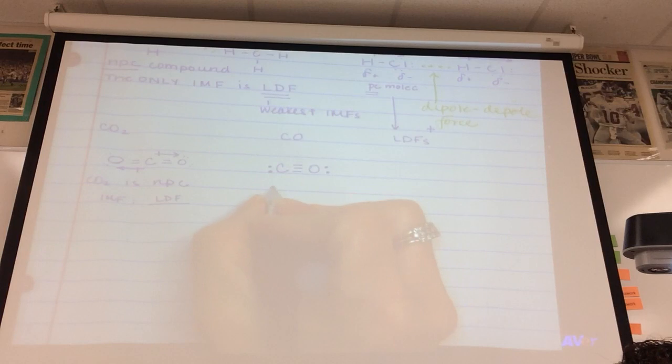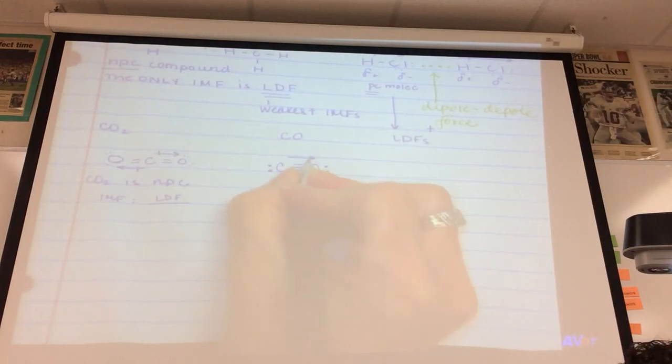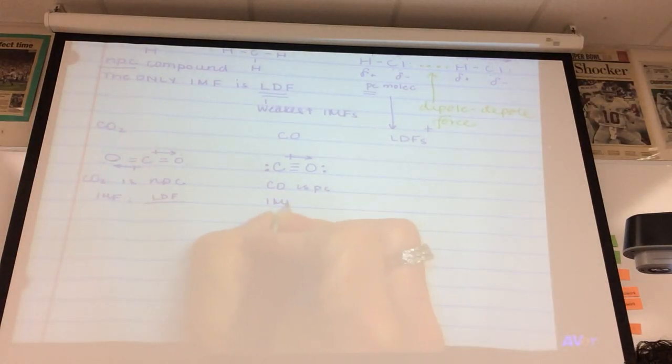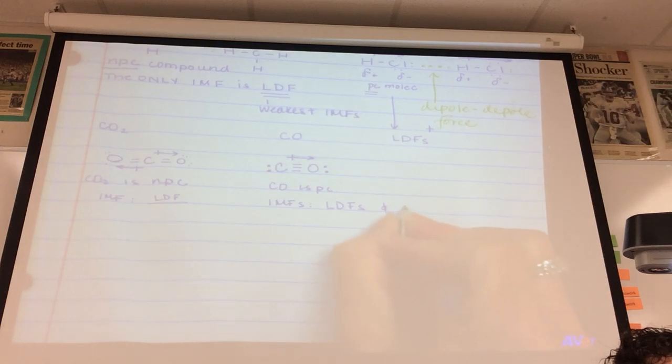This is a polar covalent molecule. You've got a dipole right there. So if it's polar covalent, what type of IMFs does it have? LDFs and dipole to dipole.